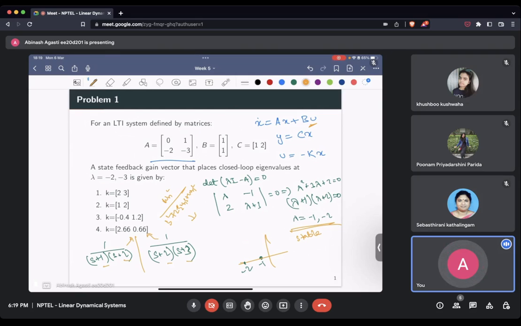So the farther we have poles on the negative x-axis, the faster response we would see in the system. So that is the general idea why we would want to push the eigenvalues corresponding to poles further left from what they are now, even though they are stable.